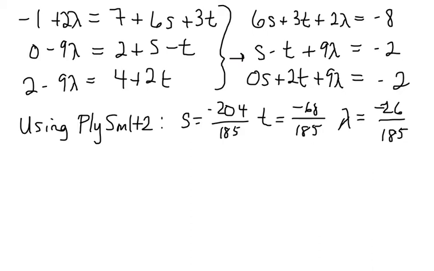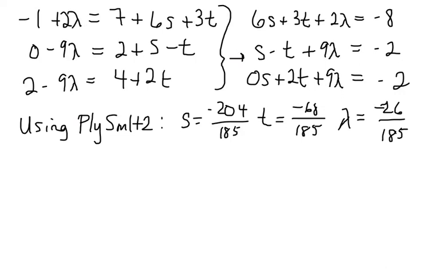So what this tells me is that for these different values, that's going to give me my point on my line and the point on the plane, and those are going to be the same thing. So now I could go ahead and find the point on the plane by plugging in either lambda or the s and the t. If I plug in lambda here, that's going to give me my x, y, z on the plane.